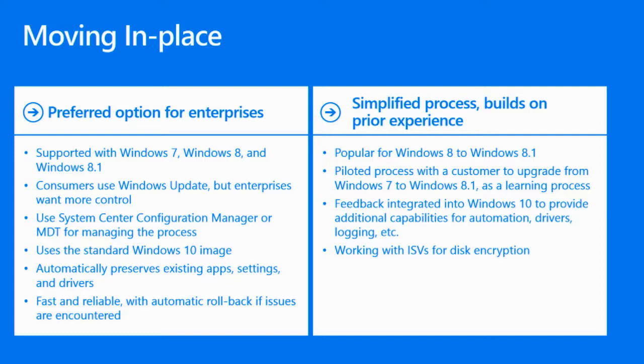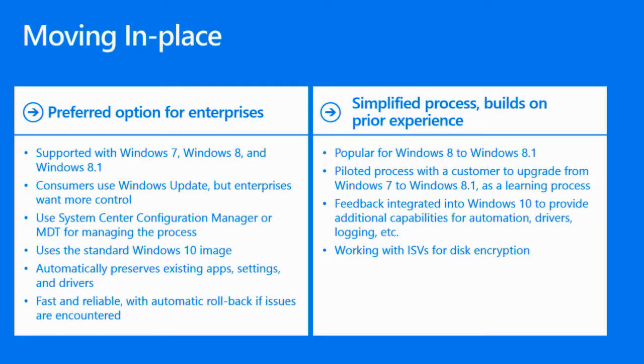So then we've done a lot of testing with this, starting really seriously with Windows 8 to Windows 8.1. And it's always been supported for previous releases as well, but it was primarily a consumer thing, so it wasn't tested that much in enterprise environments. But with the rapid release between Windows 8 and Windows 8.1, the customers that deployed 8 wanted an easier way to get to 8.1.